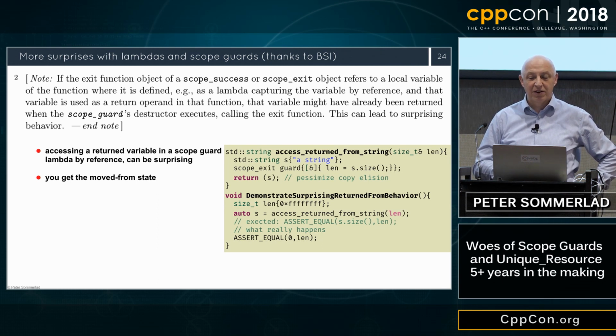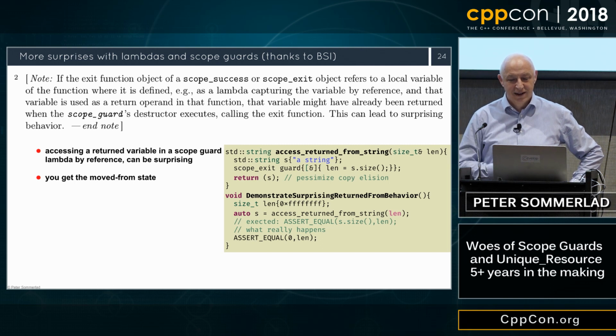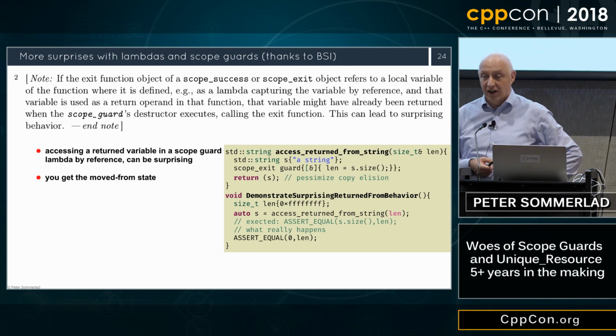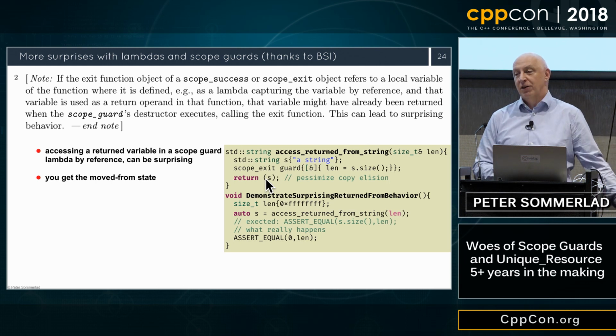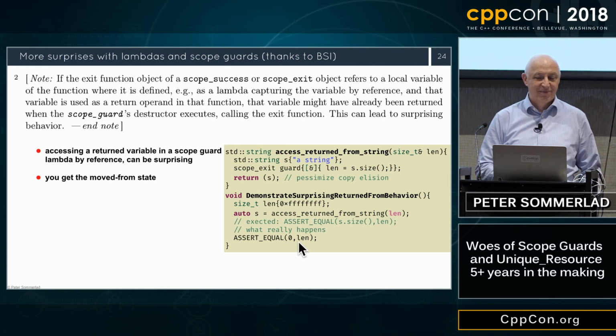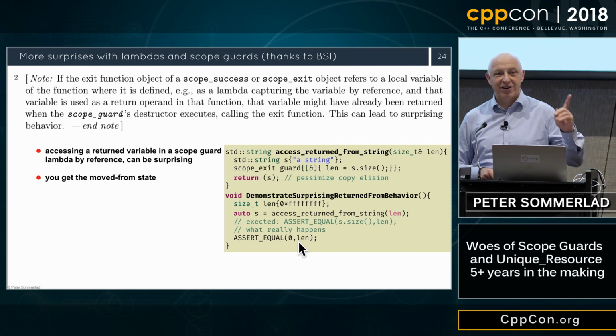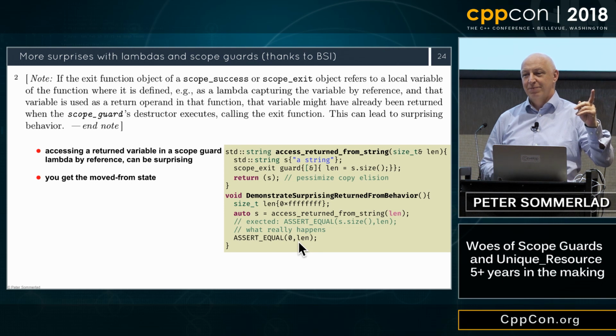It's 0 because you access the string in the lambda of the scope exit guard only after it has been moved from. So the cleanup of the string object is not done yet because of the sequence of the variables, but it's moved from; the return statement already has been processed. So this test case passes. And remember, Andre's macro passed all variables by reference to the lambda there.